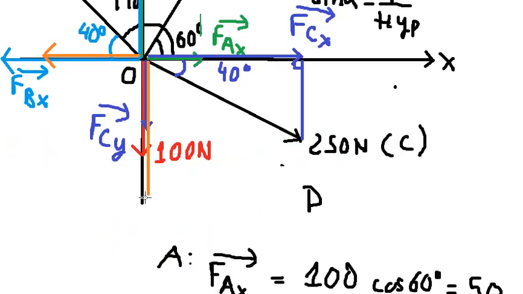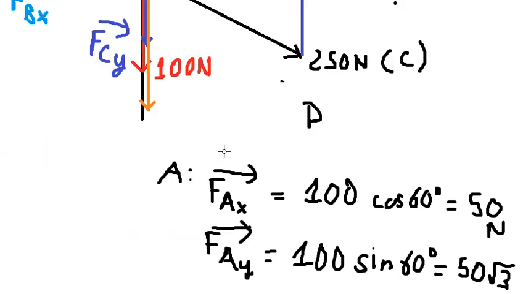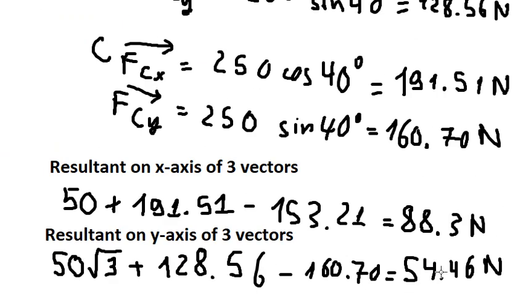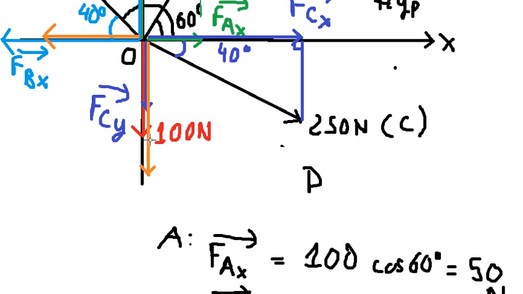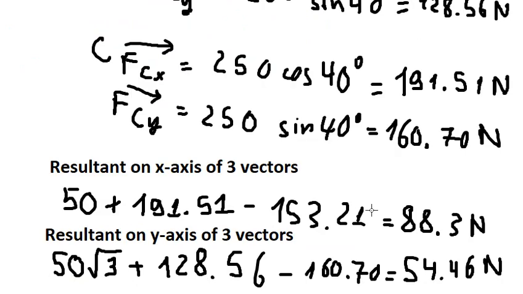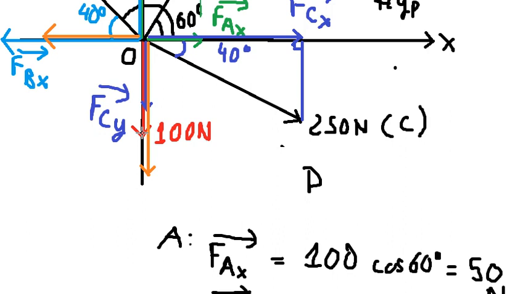So why we need to do this way? Because if we have this one, then we cancel about 54.46 go up over there. So later the resultant at the end you got about 100. So 154.46 minus 54.46 go in here, you got 100.